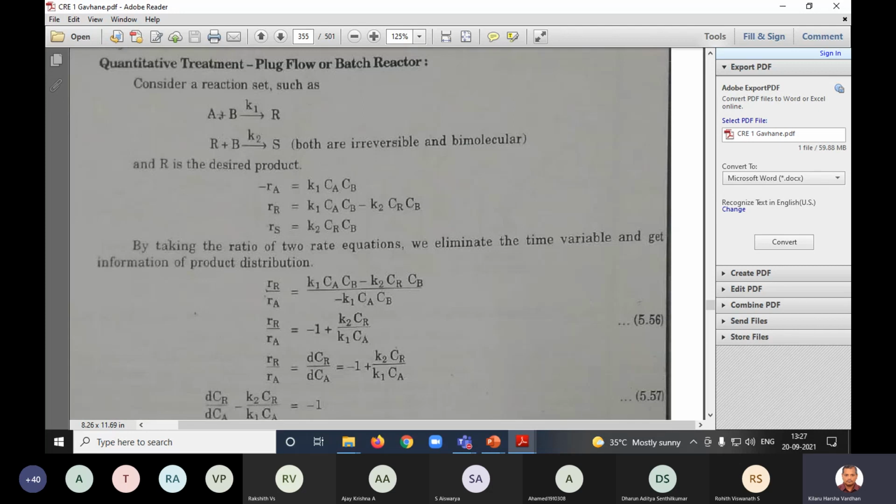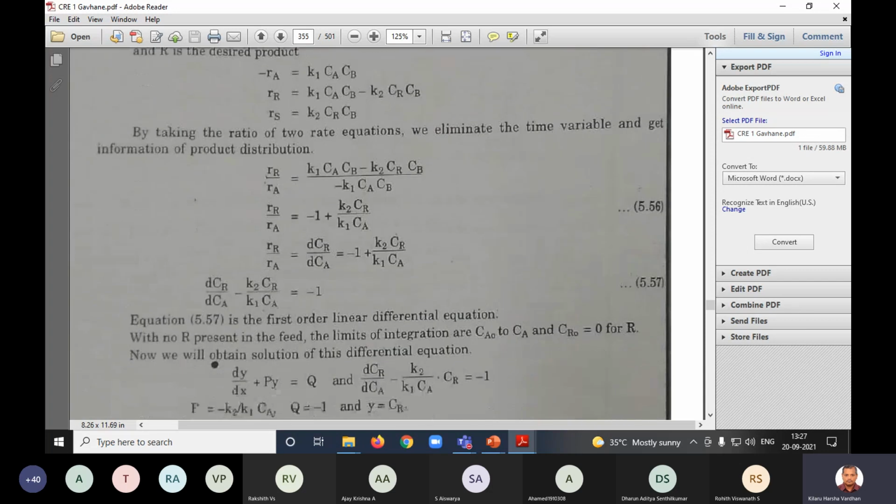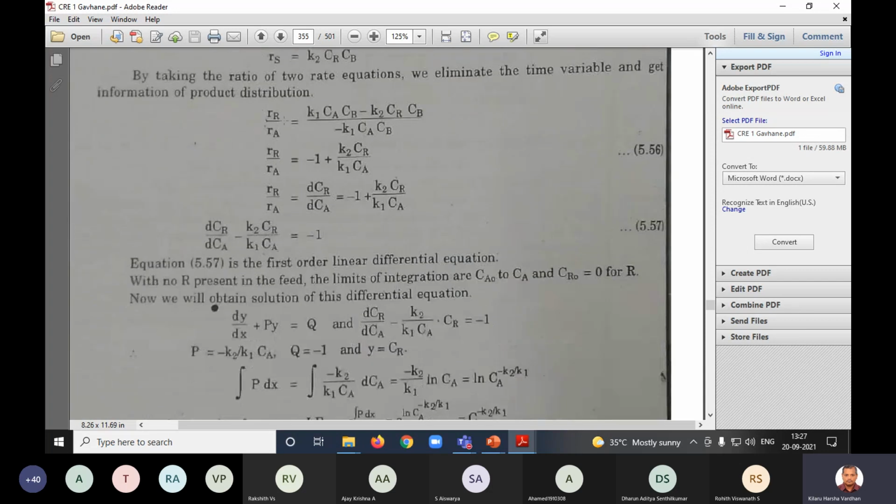So I'm writing only with A. B, since it is parallel, I didn't write it, but you can write that also. So by taking the ratio of the two rate equations, we know that in parallel, it is better always to write one over the other so that the time differential is gone. That is what we studied.